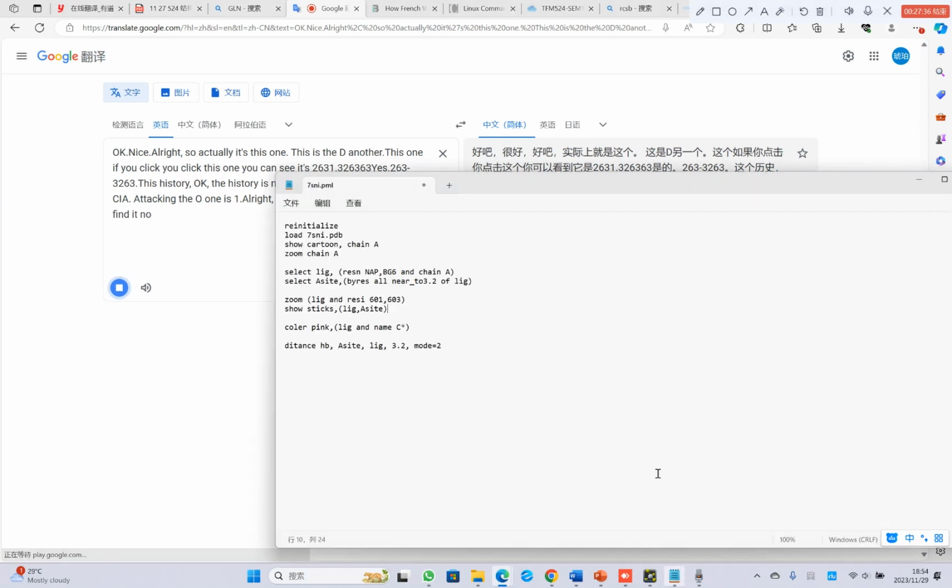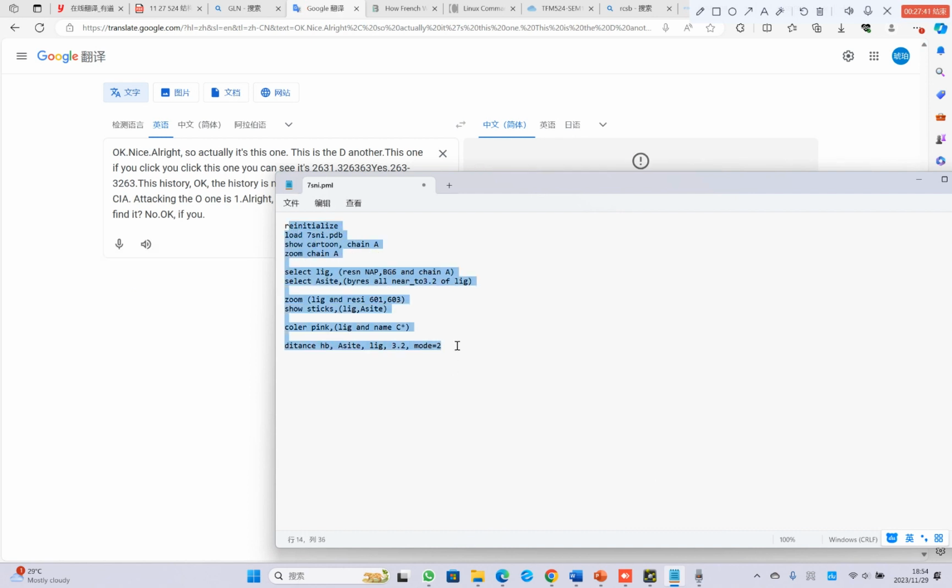Color yellow. Color white. Resi 263 and chain A. If you cannot see, you don't know which one, you just add one more.